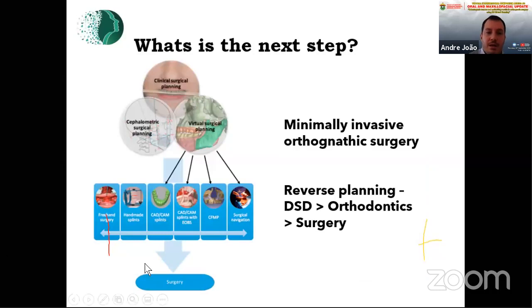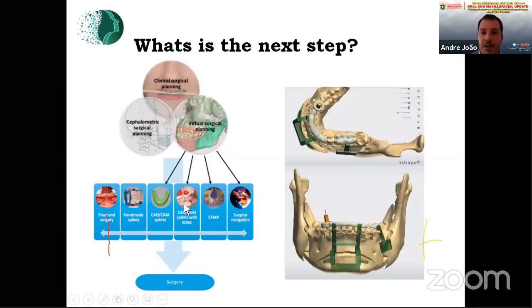Now, most surgeons are using CAD/CAM splints in this 3D environment. We also have something that helps when we create these cutting guides and positioning guides. You can see here I'm using my software. I couldn't create this guide in it, but I'm adapting other software to create some guides that can help me place the bones in the right position. Especially, it's very, very useful for the team.